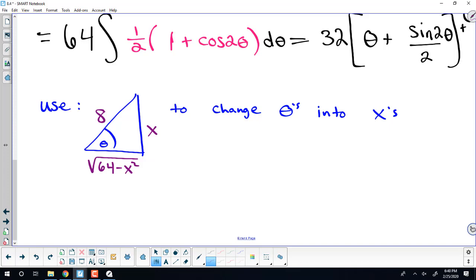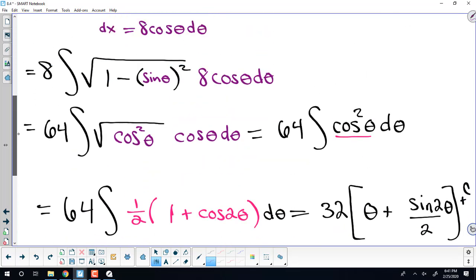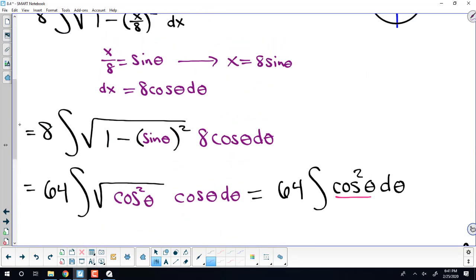We don't have what theta is with this picture, but we do have it from our substitution. If x over 8 is sine theta, then what is theta? It's just the inverse of that. Inverse sine of x over 8 is what theta is. So I'll just put it here. The inverse sine is theta.